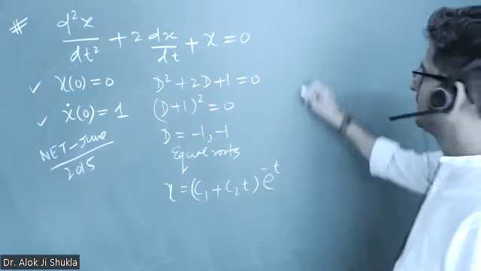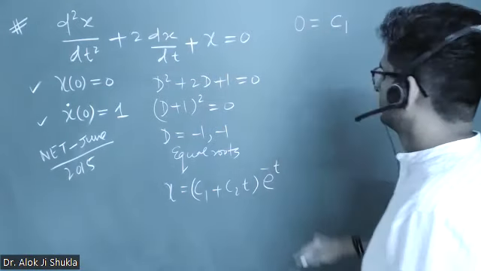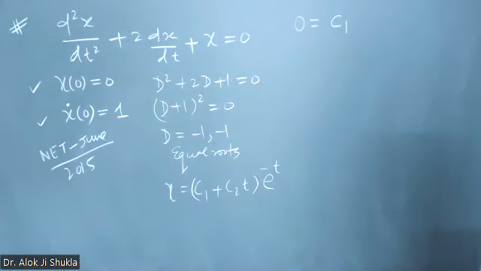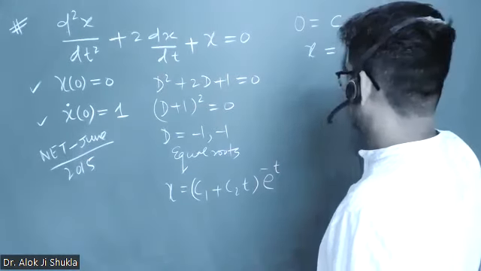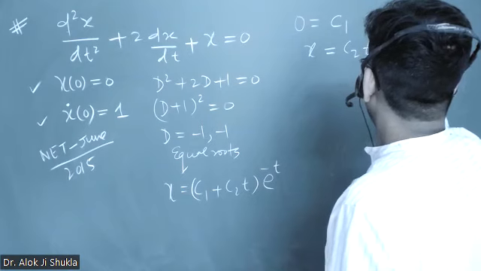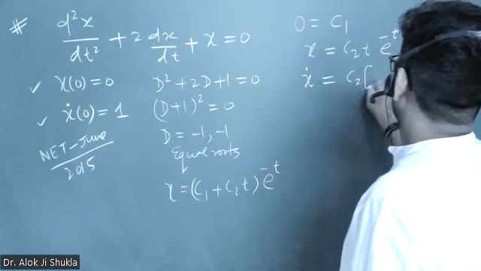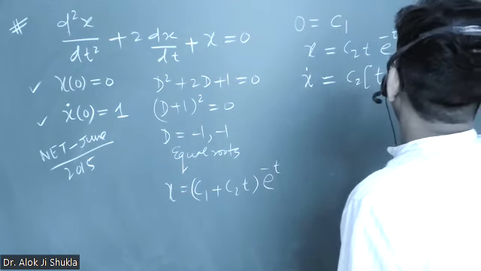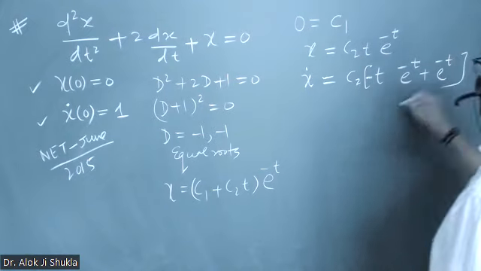So x(0) is 0 means 0 is equal to c1. And x dot: now x will become c2 t e to the power minus t. To get x dot, it will be first function times derivative of second plus second function times derivative of first.